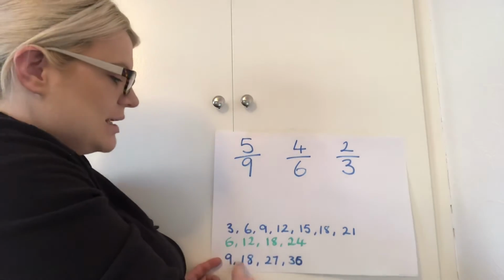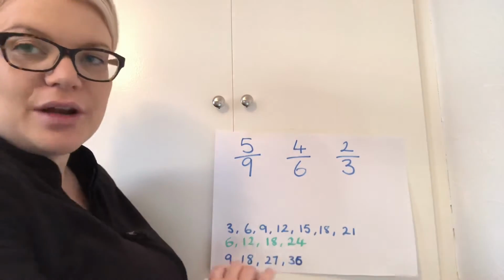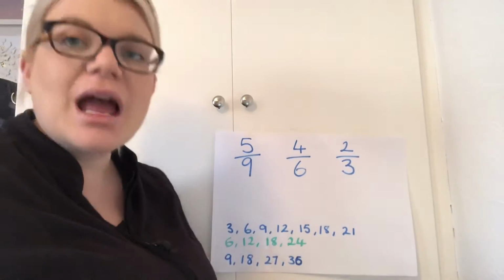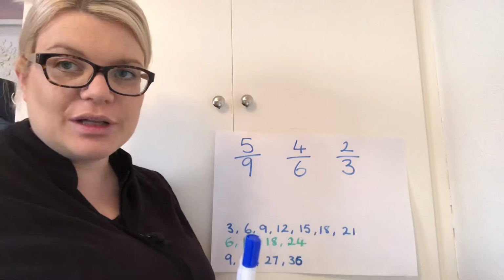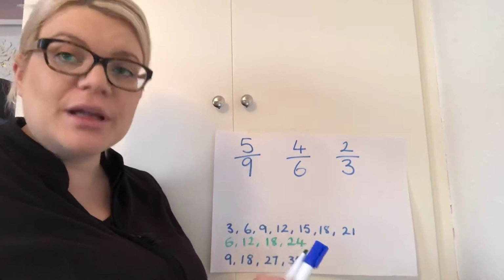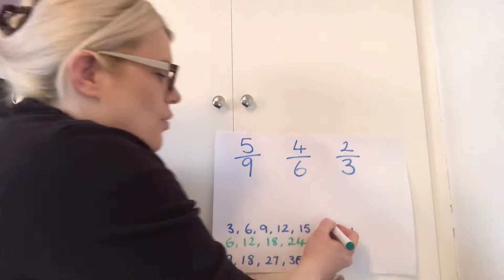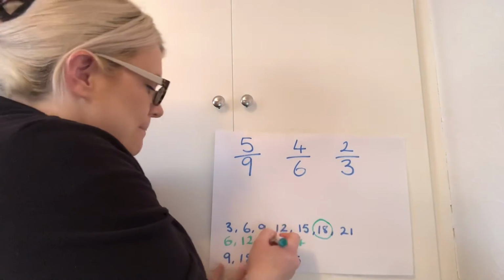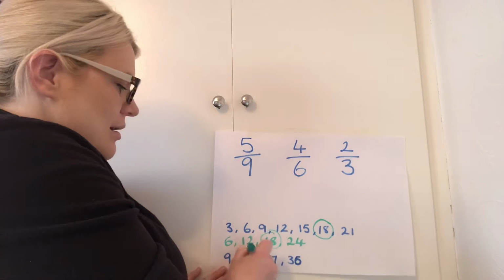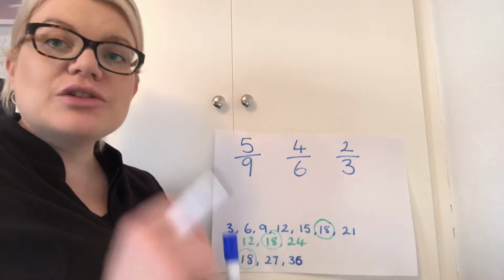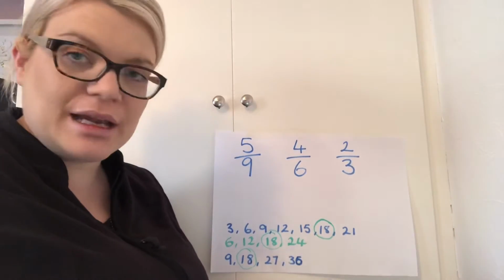And 9s: 9, 18, 27, 36, etc. So we have to find a common multiple to use as our common denominator. So what is the same about all of them? Well, they all share 18 as a multiple. So that is going to be your common denominator.